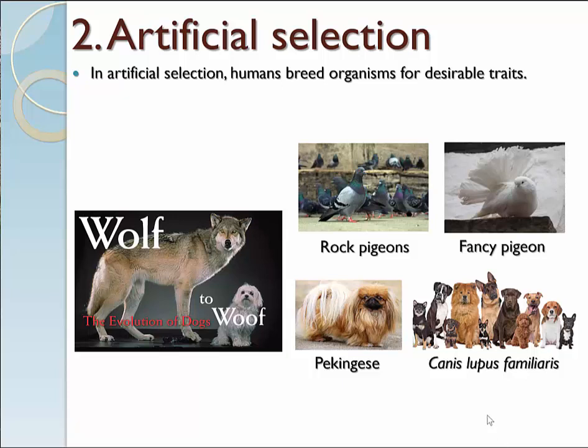The Pekingese was a dog that came from China, and it was introduced in England, I believe in the 1840s, and it caused a huge sensation. Everybody who was anybody wanted to have a Pekingese dog.